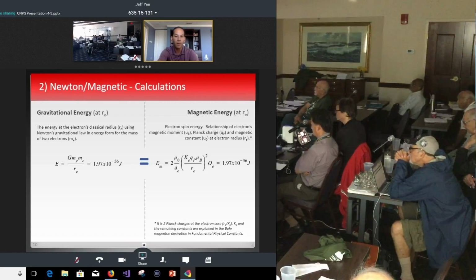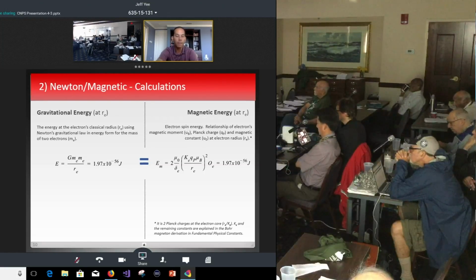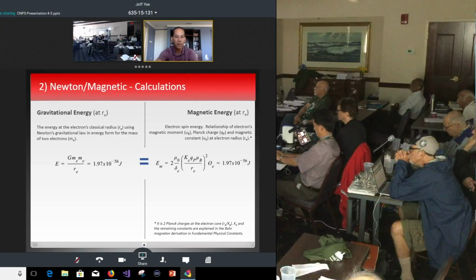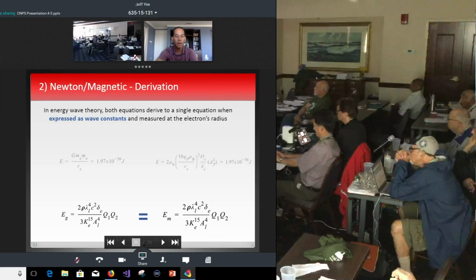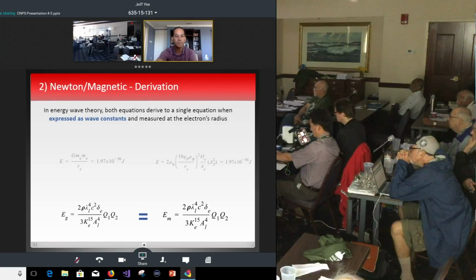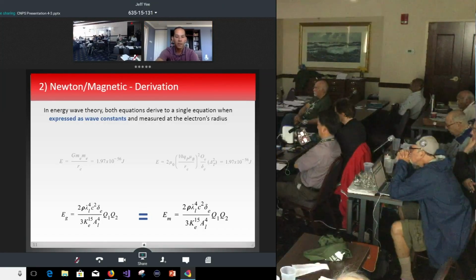So again, this is probably the hardest one out of the 4 that I'm going to show. But assuming you understand the additional constants for energy wave theory, the important thing is that these are exactly equal. And they're equal, again, because they derive to the same equation when it's represented in terms of wave constants. So that's 2 of 4.